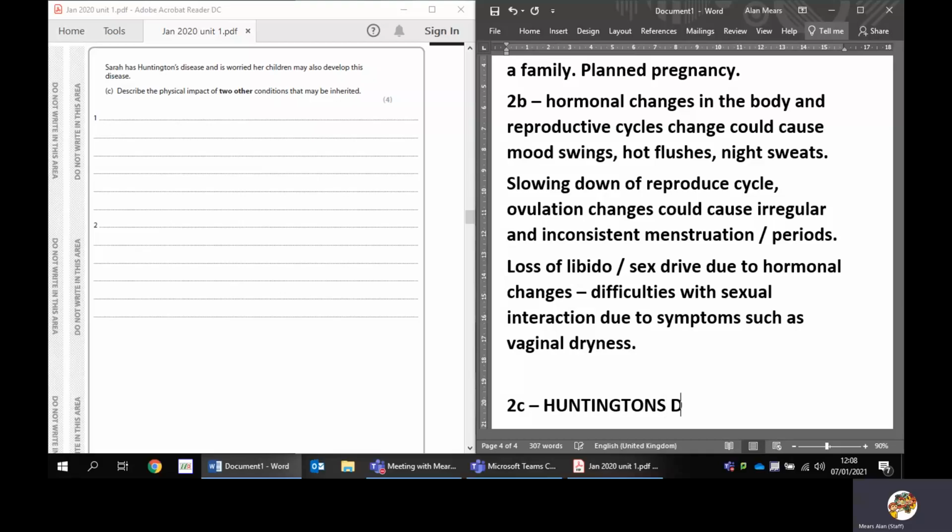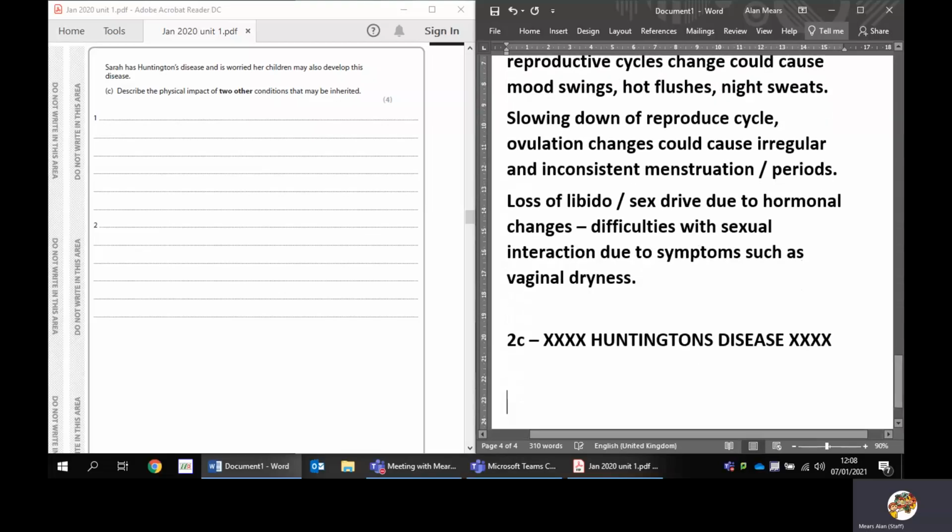Huntington's disease is a big no-no. Don't write about Huntington's disease because it's in the item, so we're not going to write about it. But other conditions that can be inherited, you've got muscular dystrophy.